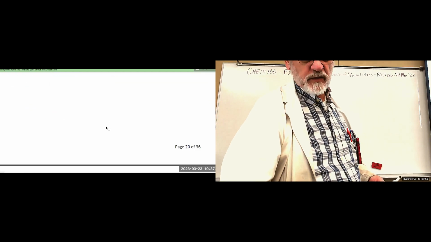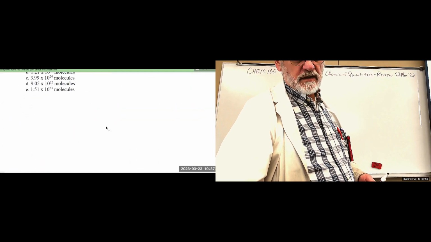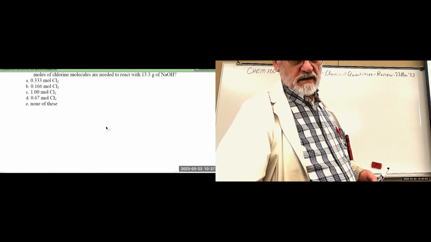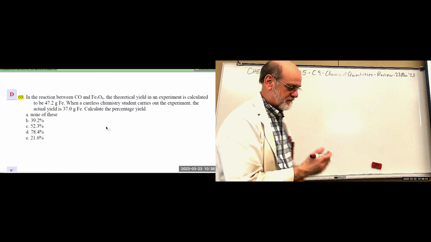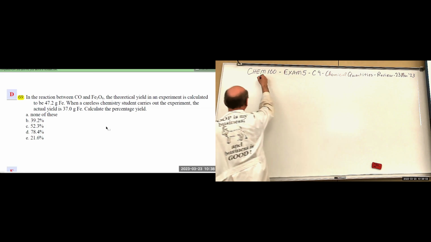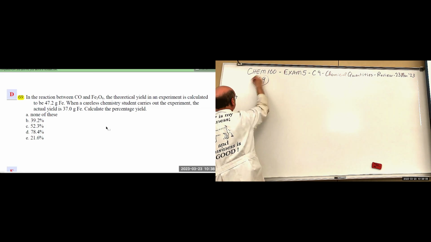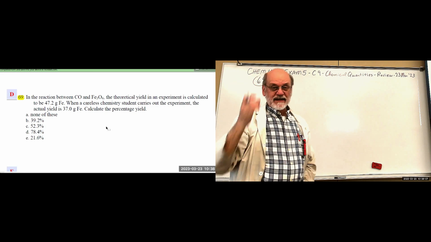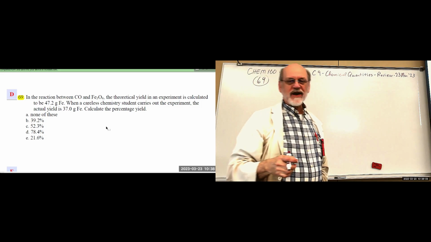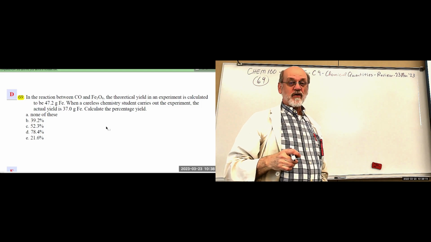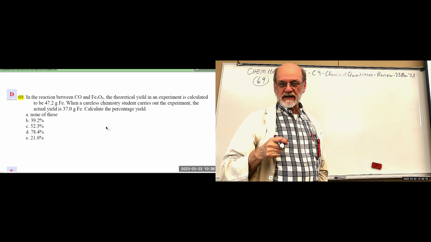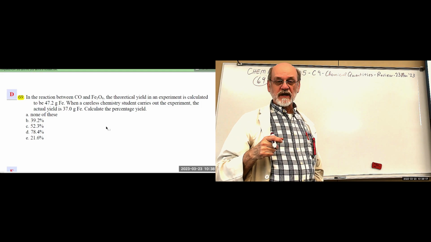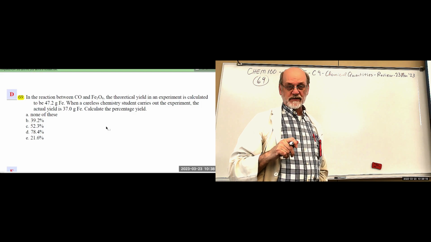Okay, continuing on. 69. In the reaction between carbon monoxide and Fe3O4, the theoretical yield in an experiment is calculated to be 47.2 grams.